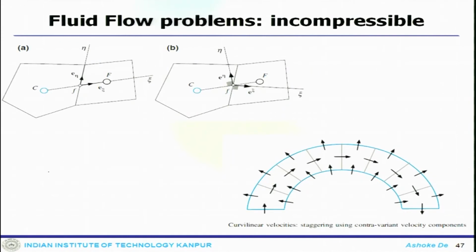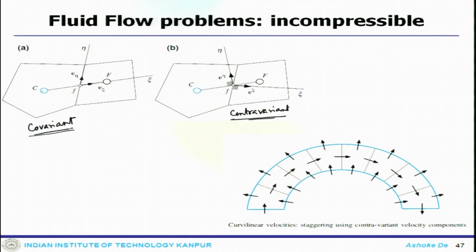Here you can see an example of a cell element, and the components shown here are the covariant component and the contravariant component. Covariant component goes in this direction, contravariant in the other direction, and then you can have a specific way to calculate these covariant and contravariant components using your transformation system.